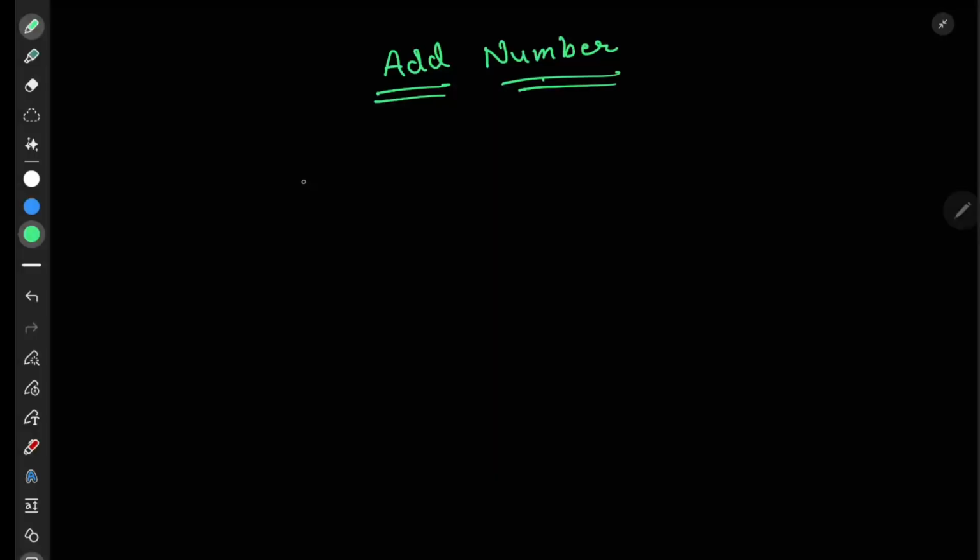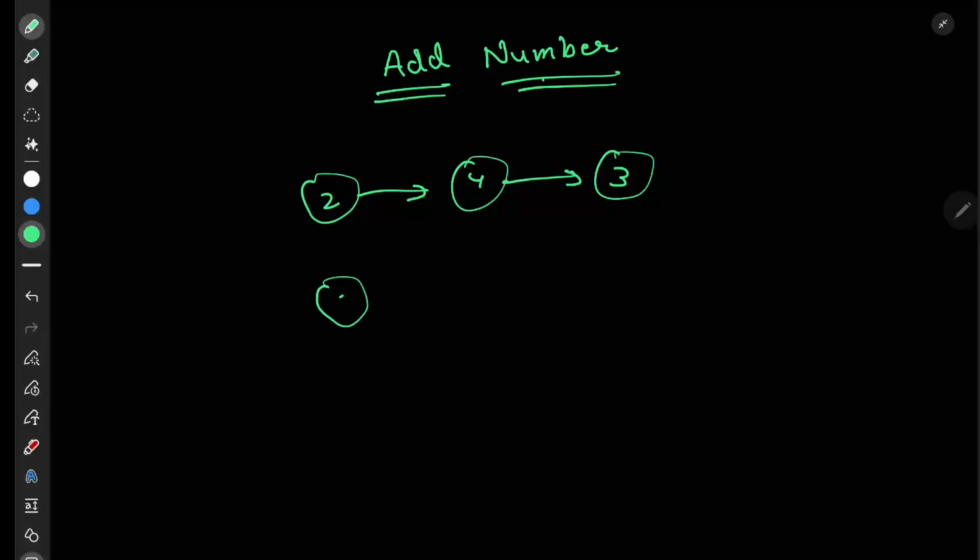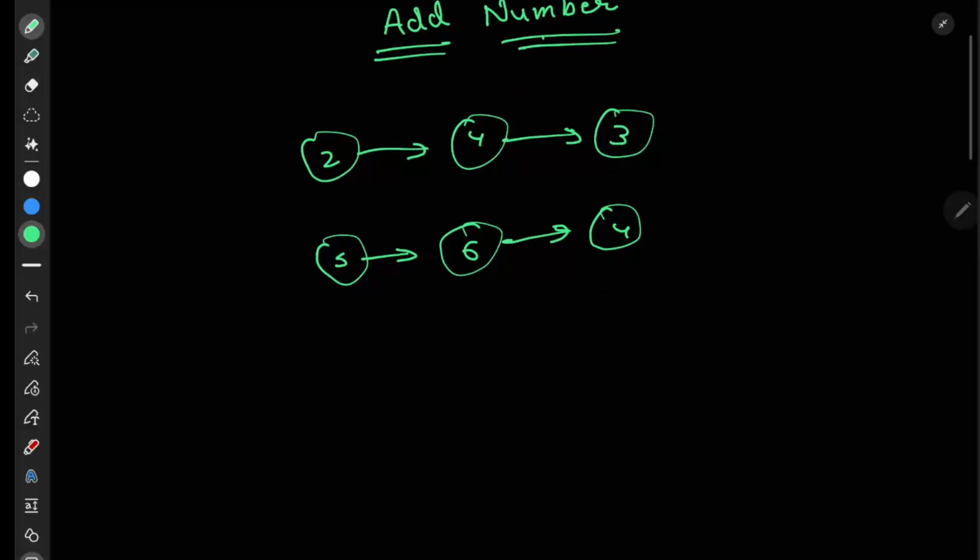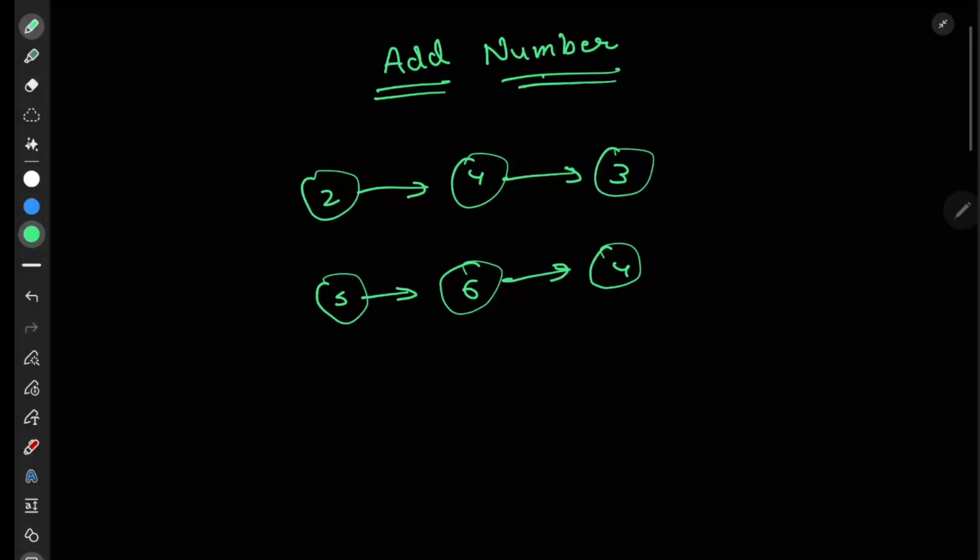So here we are given a linked list which starts off like this, a singly linked list. This is the first linked list, and the second one has 5, 6 and 4, right? So we are given two pointers to the head of each linked list.